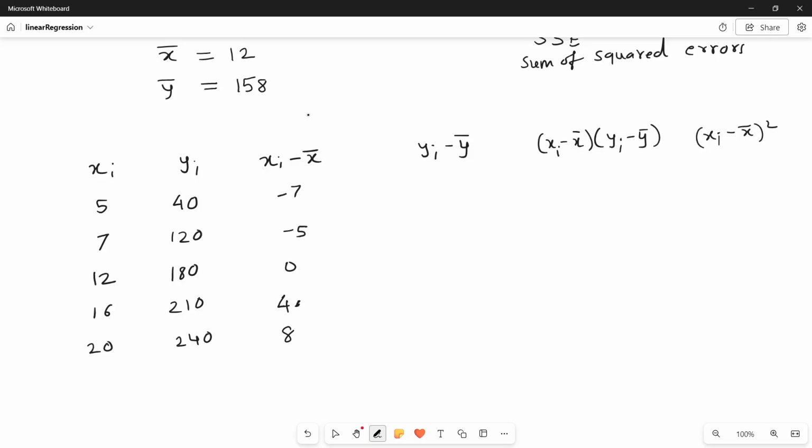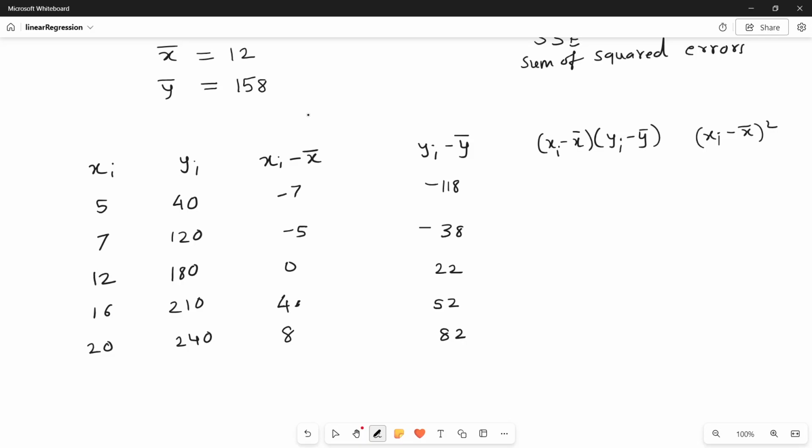And yi minus y bar, this will be 118. So we have calculated all the differences and now we want the product.